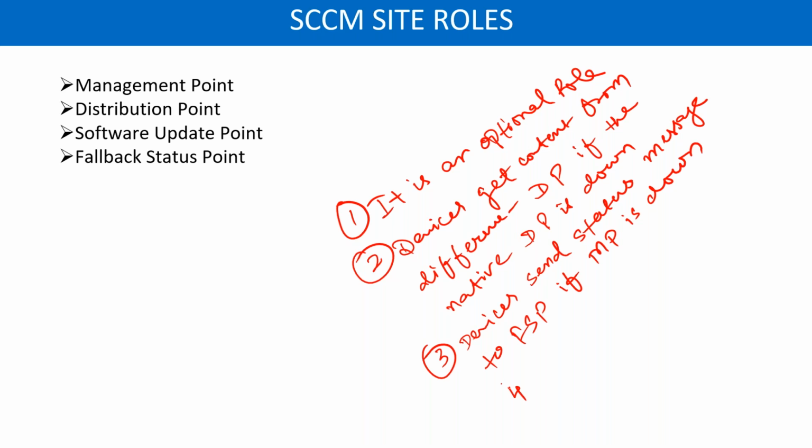Point number 4, where will you install this? Install the fallback status point on the primary site. You can also install this on a secondary site or any other separate Windows server. Understood?